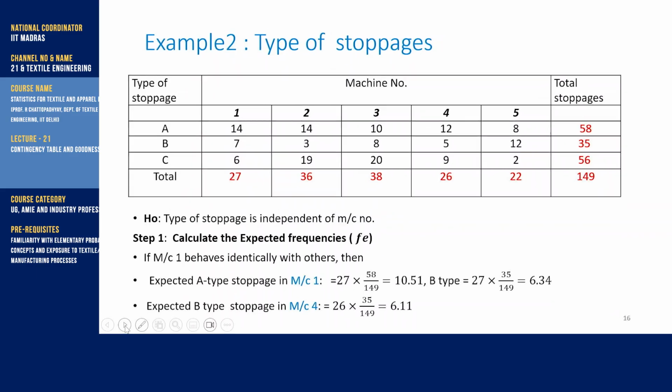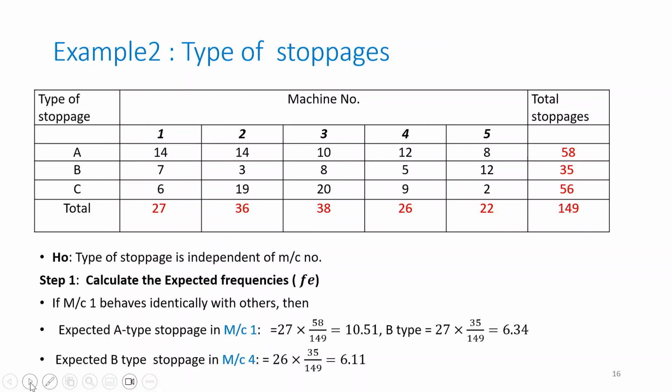Now how do I calculate? First of all, we have to find out what are my expected frequencies of stoppages. If machine 1 behaves identically with others, then expected A type of stoppage of machine 1 will be how many? That will be machine 1, and we are interested in the A type of stoppage.